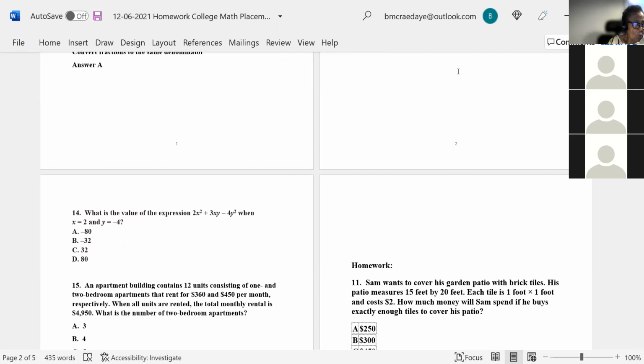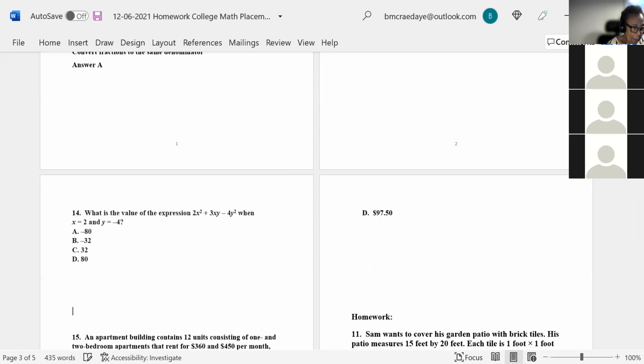Okay, so write 2x squared, that is x to the second power, plus 3xy, minus 4y squared.